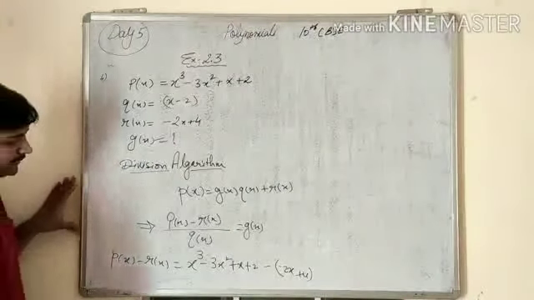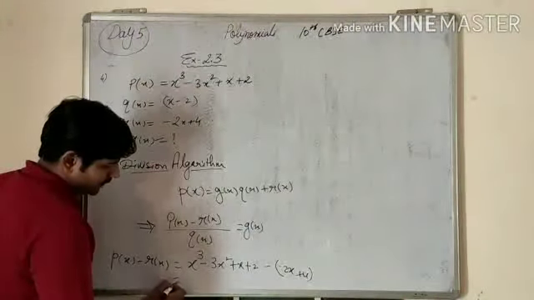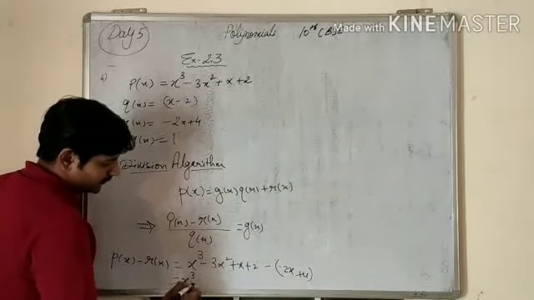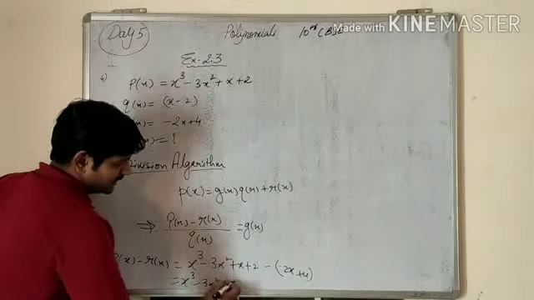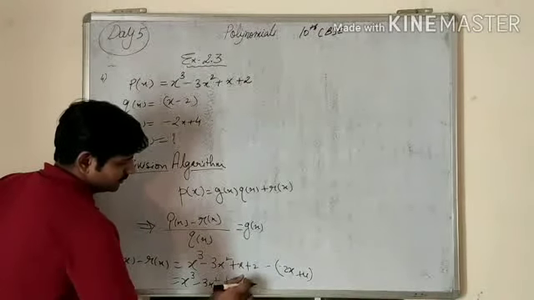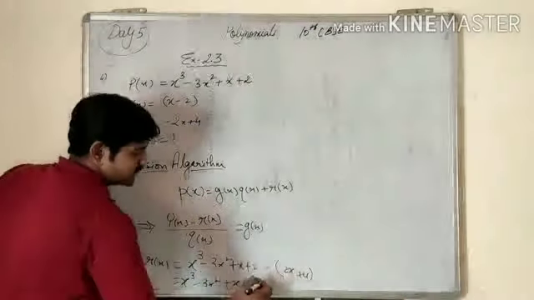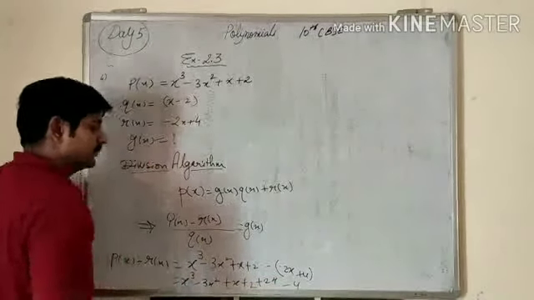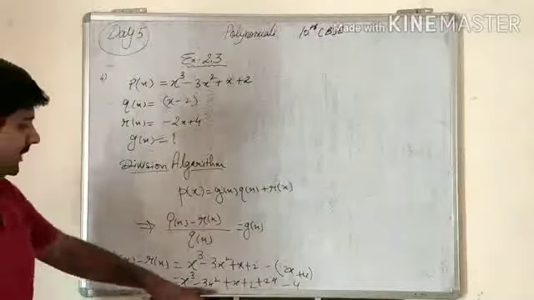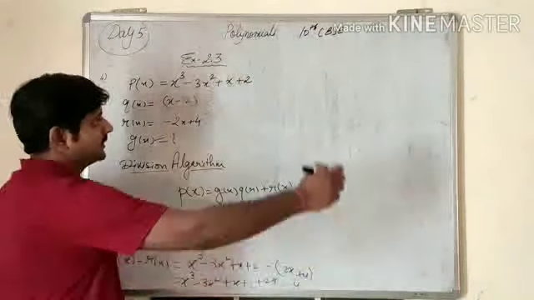If we subtract, we got x cube minus 3x square plus x plus 2, minus minus plus 2x and minus 4. Now x and 2x will be 3x.